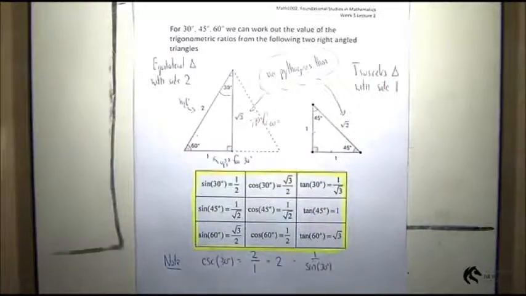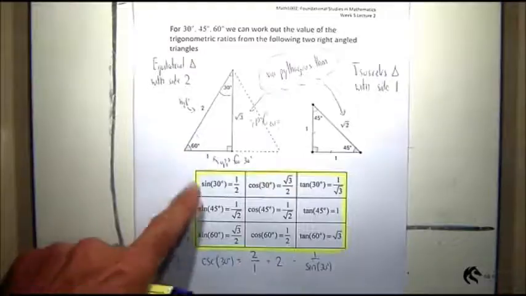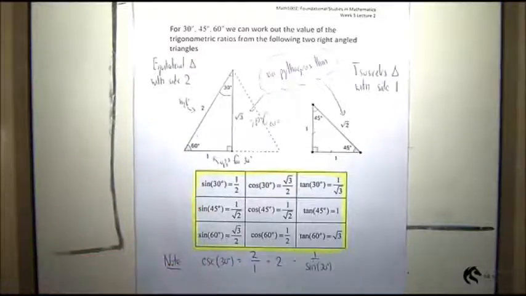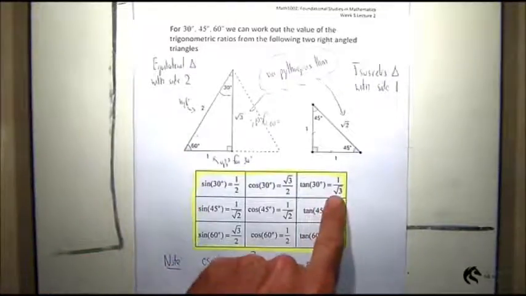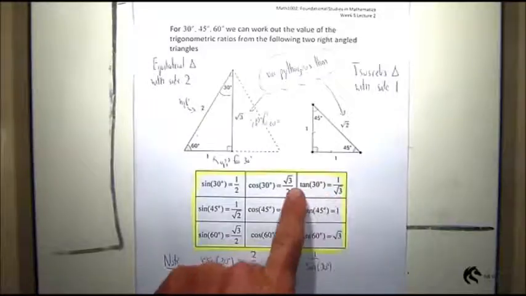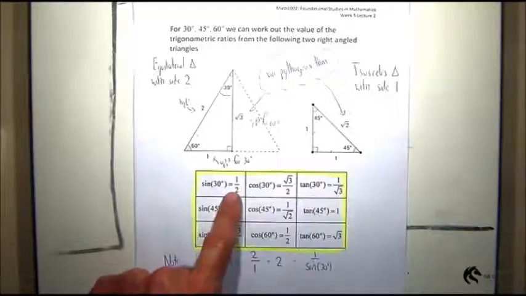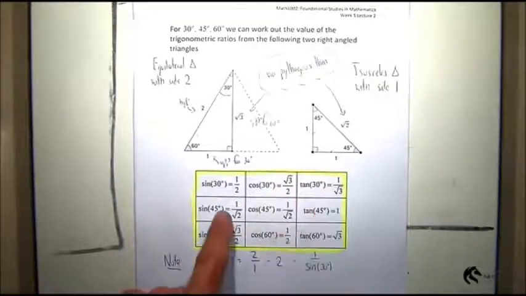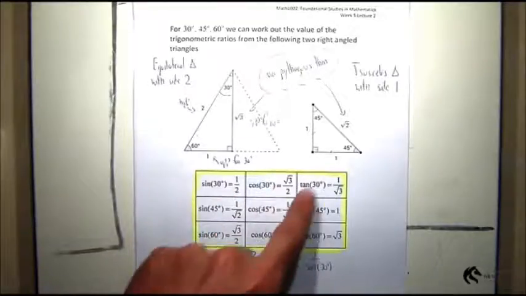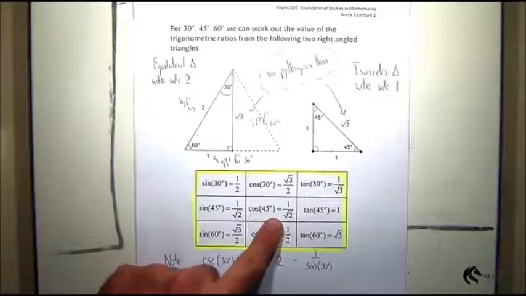The other thing is, as you probably know, your calculator has buttons on it for these sorts of things. Your calculator is more likely, however, to give you an approximation, because these are square roots sitting here. It'll give you the right answer there, it'll give you 0.5. But where these are irrational numbers, these surds, your calculator will only ever give you an approximation rather than an exact value.